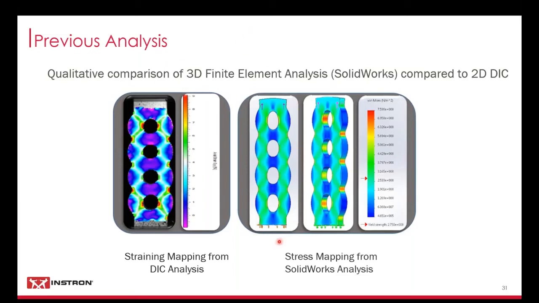And then we compared it to the FEA stress map from SolidWorks in this case. So you can see it pretty much agrees in many places. There are some slight differences because this is looking at strain and this one's looking at stress, but also, this isn't accounting necessarily for any variations in surface finish or machining.